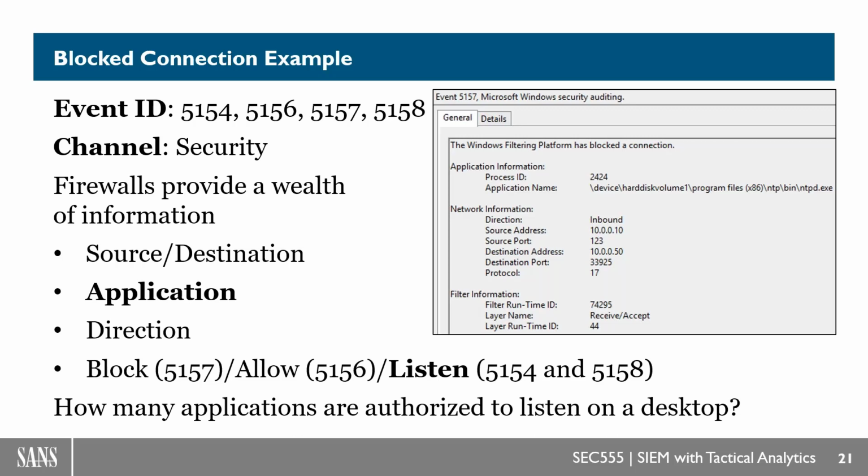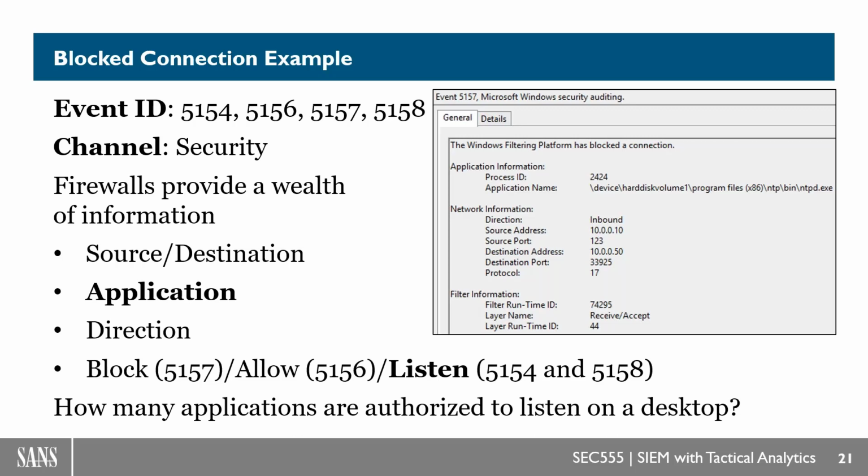The logs from your firewall are really cool because they're not just IP, source, destination, block, allow. No. It's a host-based firewall, which means you now have processes. You have this process along with this network information that was allowed or denied.